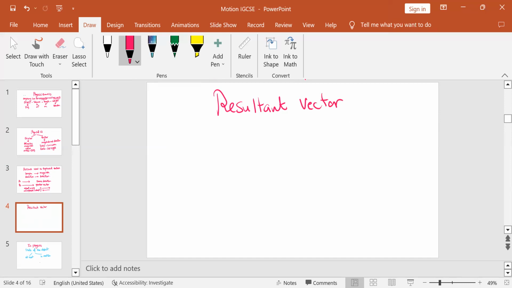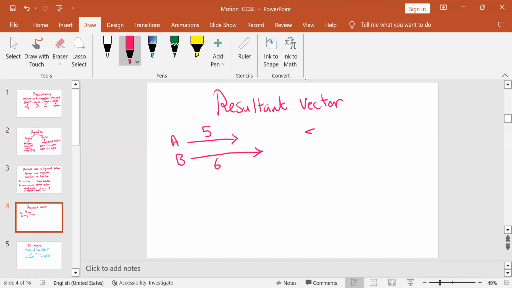If we have vector A of 5 units and vector B of 6 units, any unit, it doesn't matter. How to find the resultant of these two vectors?